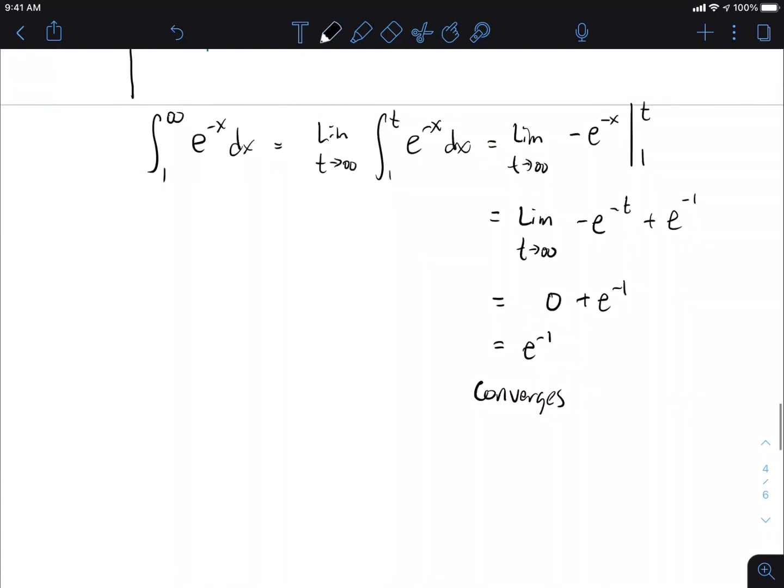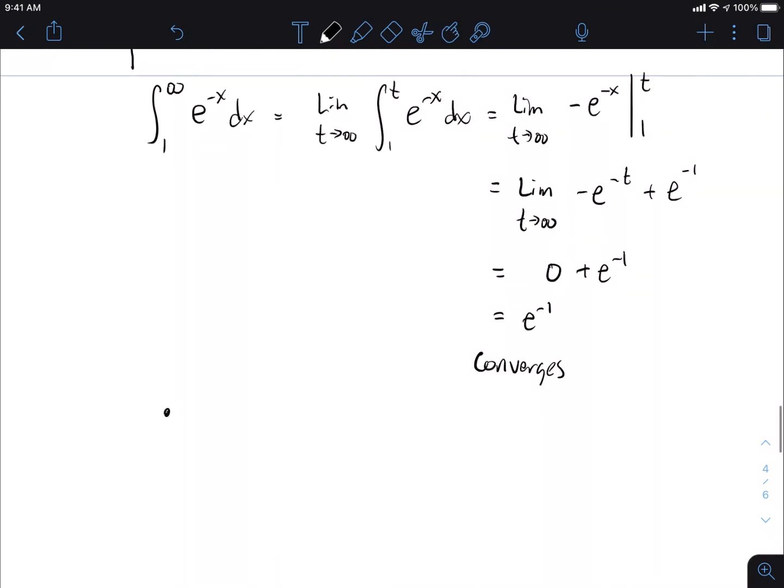And so, therefore, the integral from 1 to infinity of e to the negative x squared dx must converge. Is that cool or what?